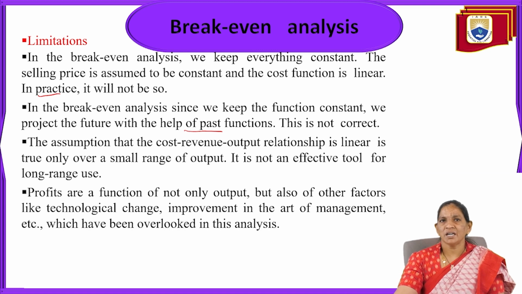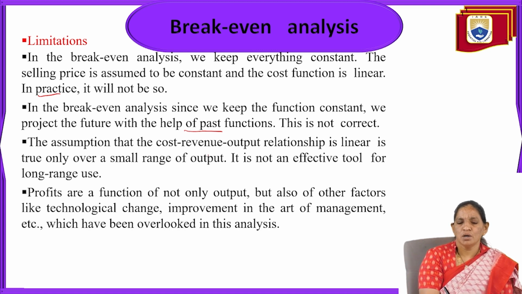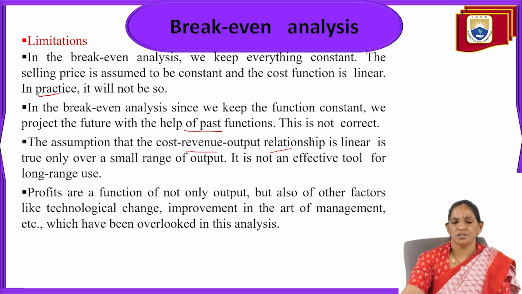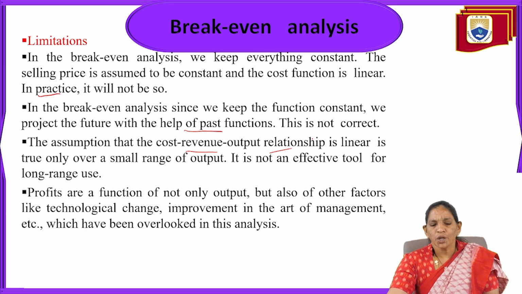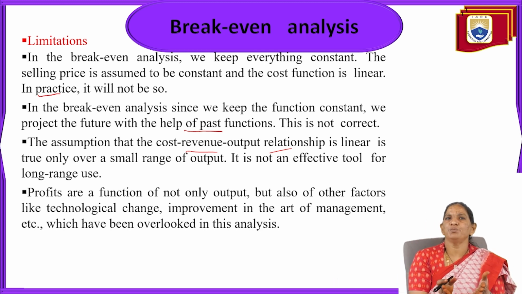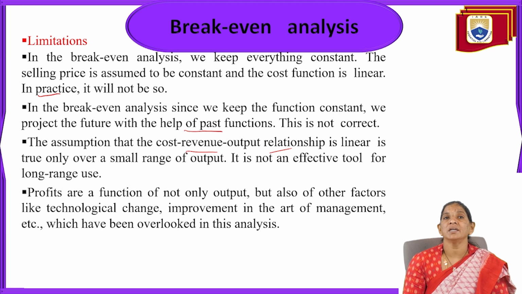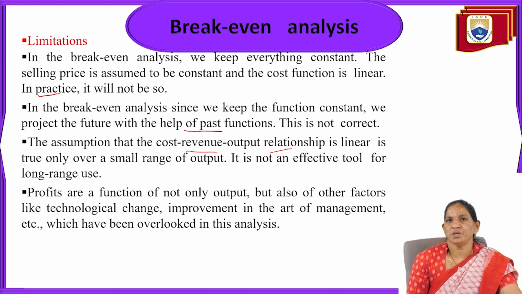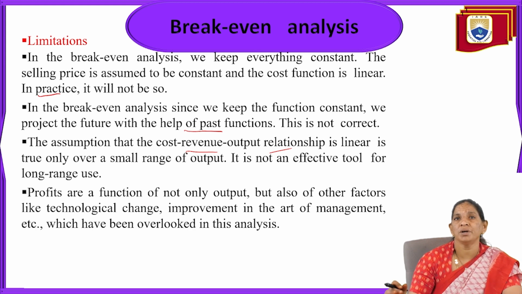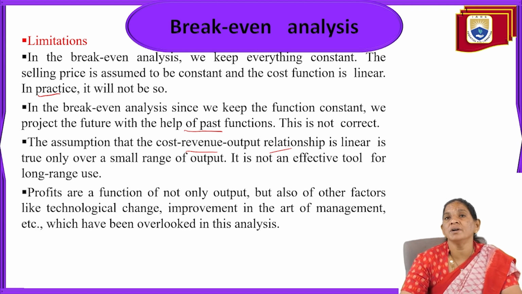And we have another assumption, that the cost-revenue-profit relations are linear, which is true only to some range of production. Means what volume of input we have, what cost is involved, what revenue. Up to small-scale production, in a small-size organization, we can get a perfect BEP. But it is not effective when you go on a long run or a long range of production.